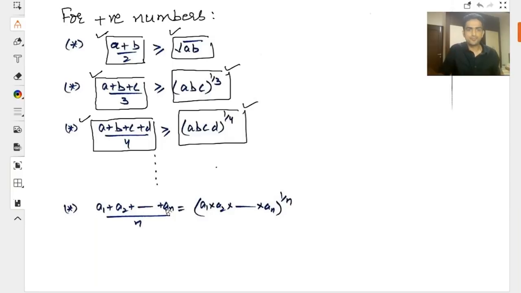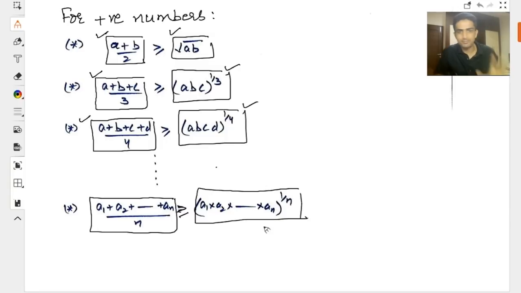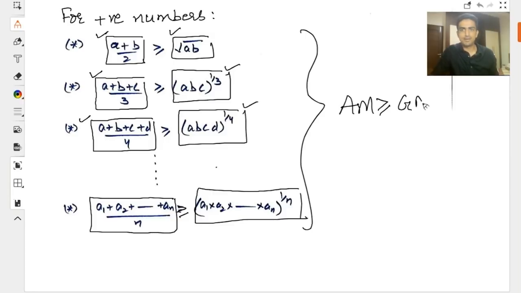Similarly, in general, AM of n positive numbers is always greater than or equal to GM of n positive numbers. These are particular cases: two numbers, three numbers, four numbers, or in general.